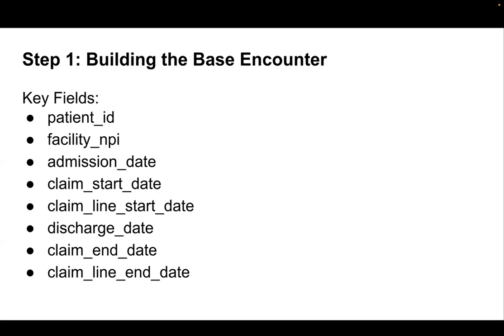And then there's a bunch of date fields. From a start date standpoint, there's the admission date, the claim start date, and then every line on each claim will have its own start date. Similarly for end dates, there's discharge date for institutional claims, and then claim end and claim line for both institutional and professional claims.